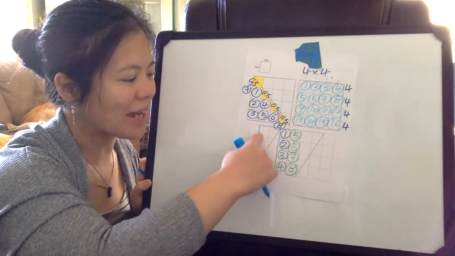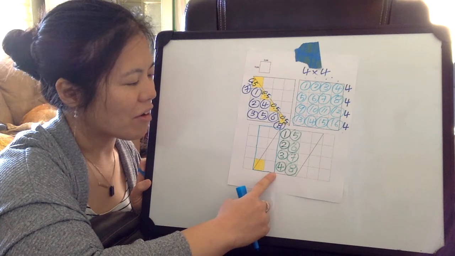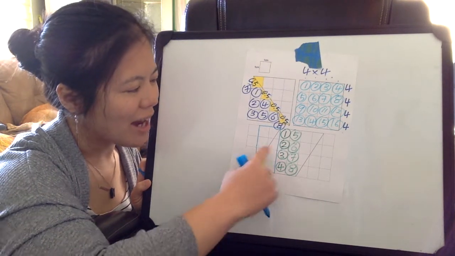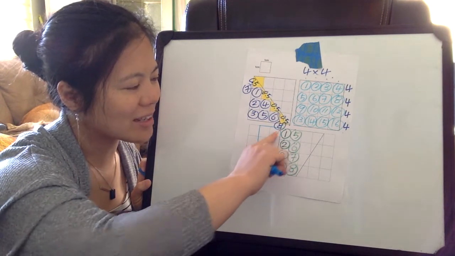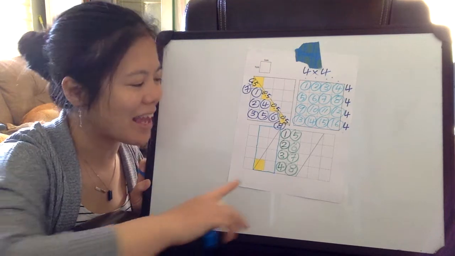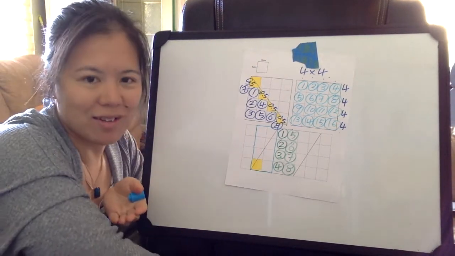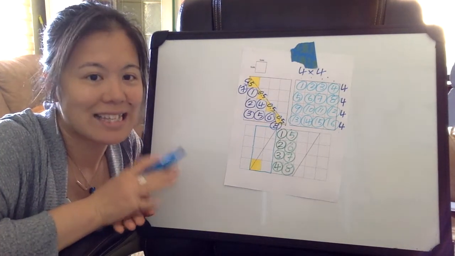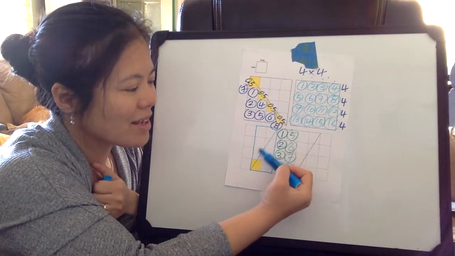So then I have 8 squares within this rectangle. It's a 2x4 rectangle. And look, this is cut exactly in the middle. If you want to prove that it's exactly the same, you could cut it and superimpose both of the triangles on top of each other and see if they are exactly the same size. But it's cut in half.